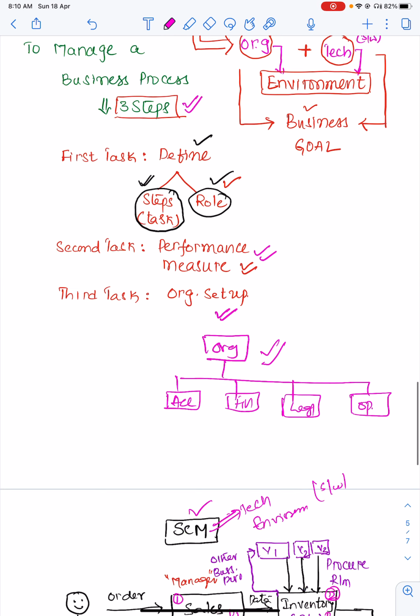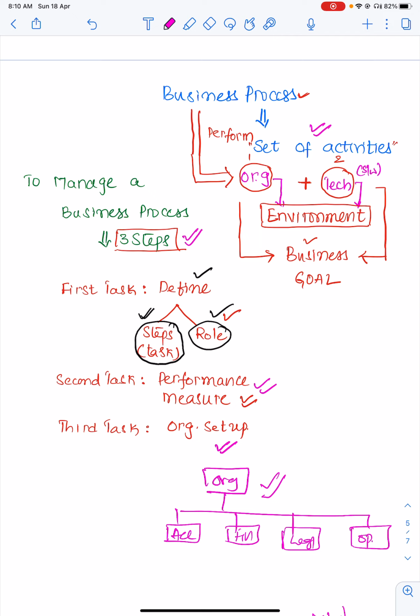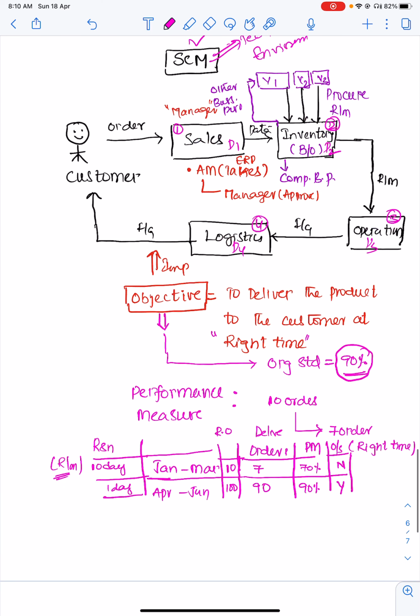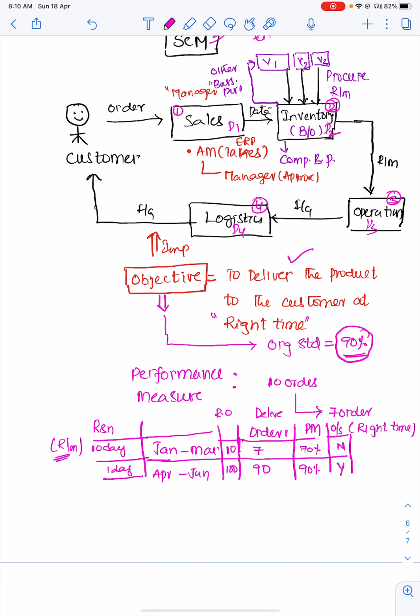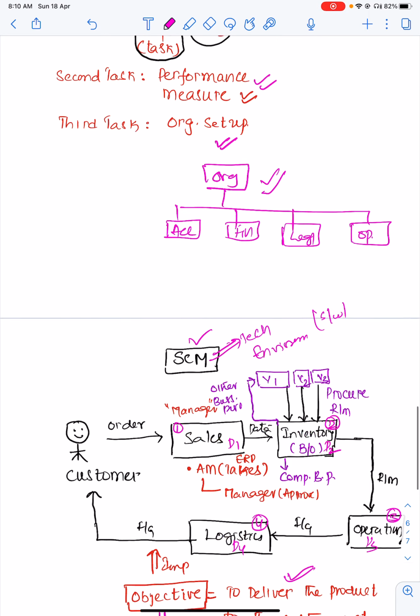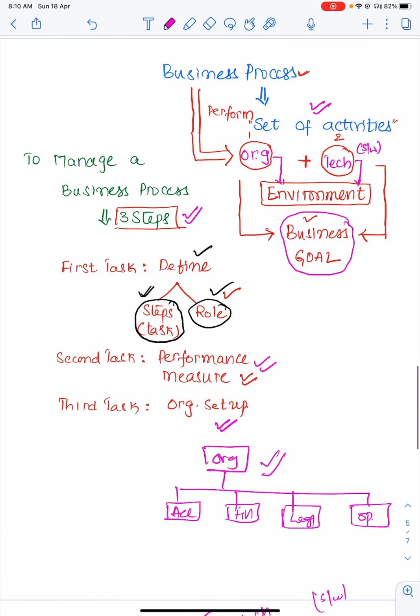So we have certain organizational environment and technical environment for the purpose of achieving what? Business goal. What is the business goal, or business objective? We already studied: to deliver the product to the customer at the right time. So this is a standard definition for business process. So what is a business process?